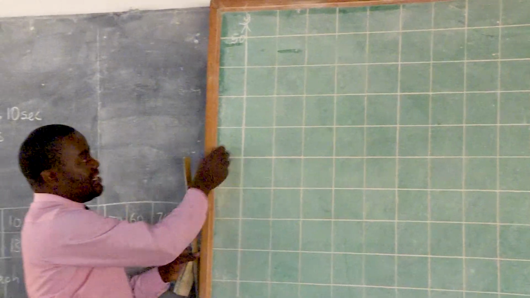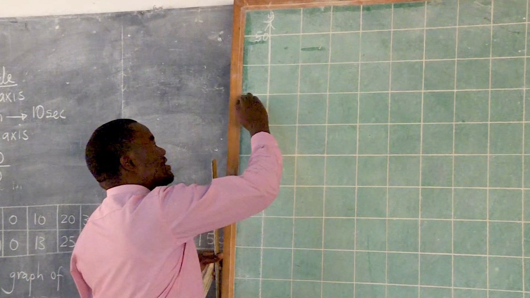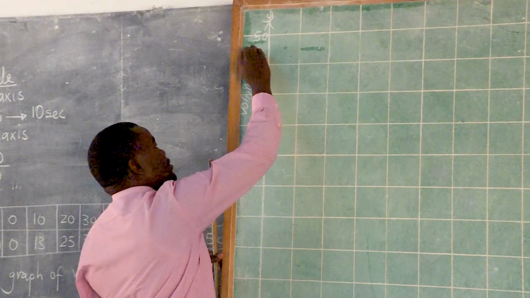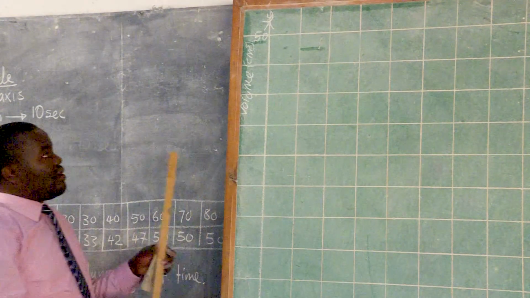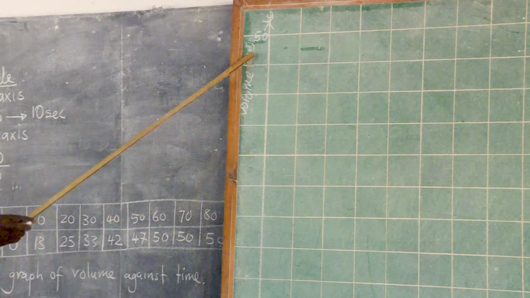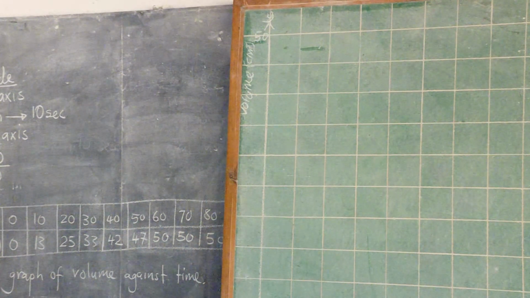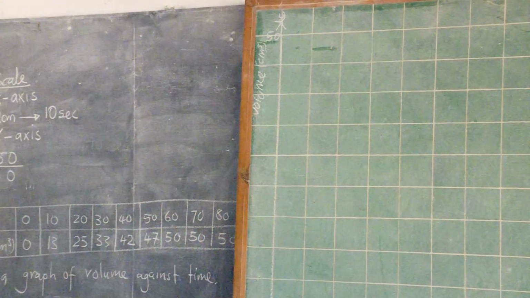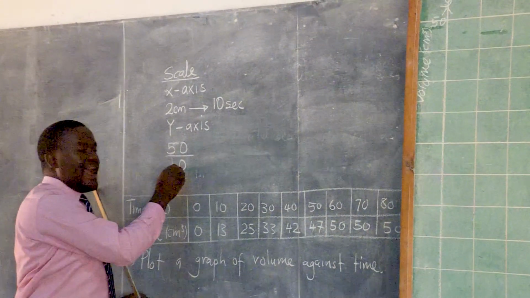Are we together? Then what did we say? Along this axis is volume, and this volume is in cubic centimeters. So our biggest value is 50. How many boxes have we left there? We've left 10 boxes, right? So we say 50, which is the biggest value, divided by 10.